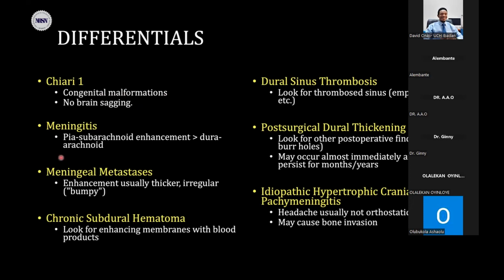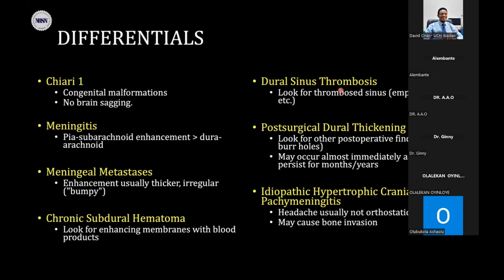So you have to look out for other differentials of the pachymeningeal enhancement. If it's nodular, it means that you're looking at infective or inflammatory or neoplastic causes. You can have chronic subdural hematomas. Dural sinus thrombosis can also even be a feature of SIH, as explained by the dural extensions of the engorged veins.